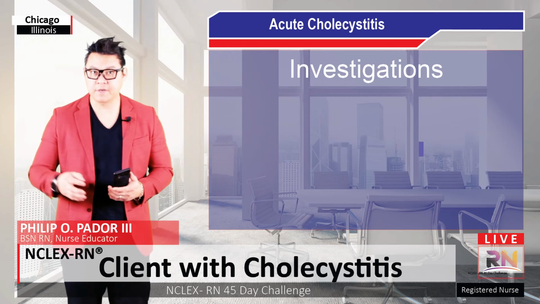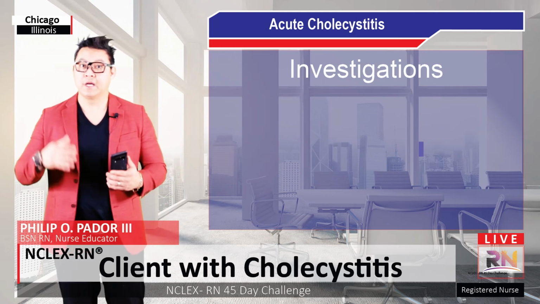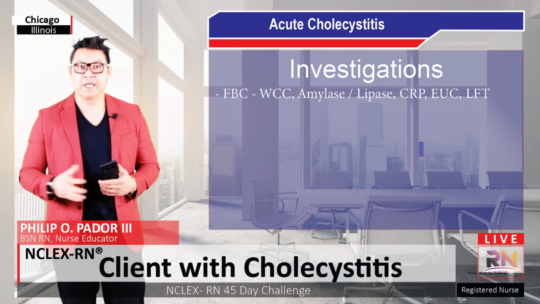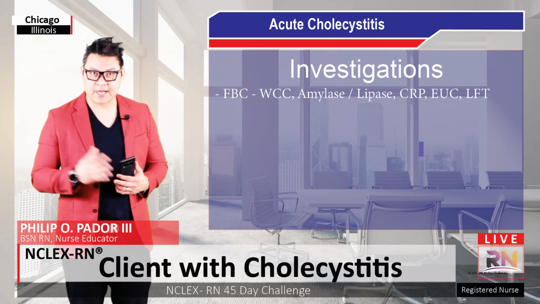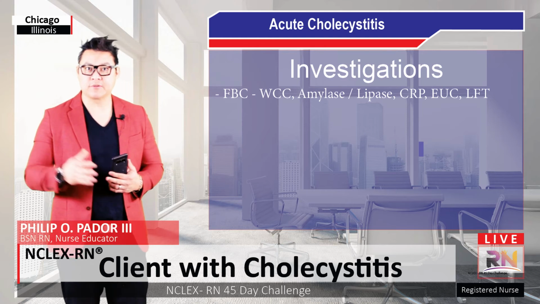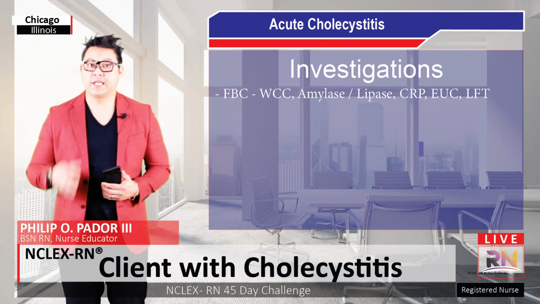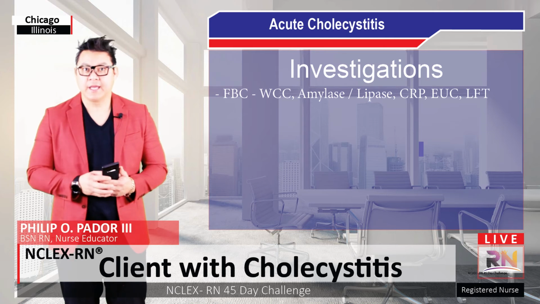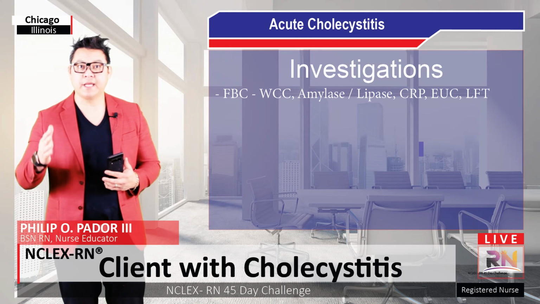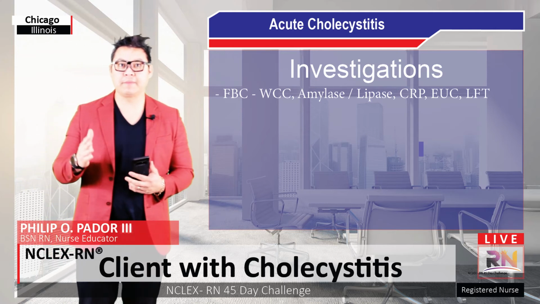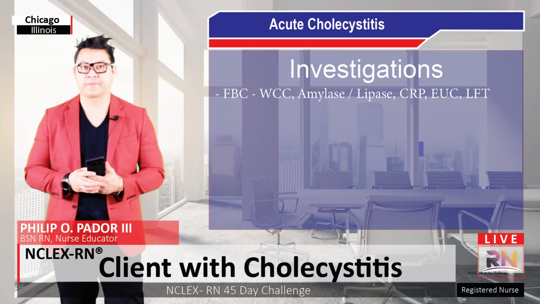Investigations that can be performed in a person suspected of biliary tree problems include a full blood count, which may show a raised white cell count, amylase and lipase to check for pancreatitis, CRP, U&E, and LFTs. LFTs are important because there will be abnormal LFTs with a problem in the biliary tree system.